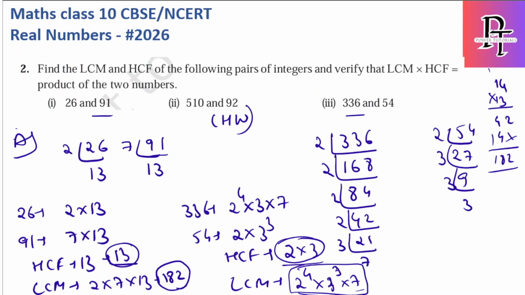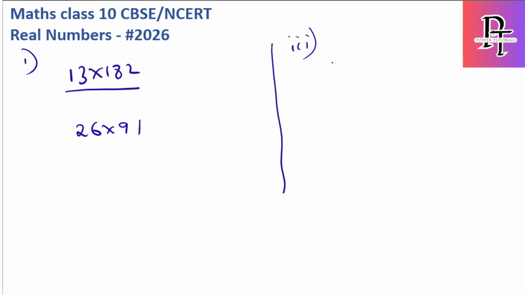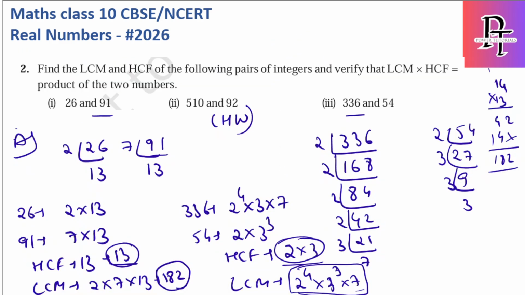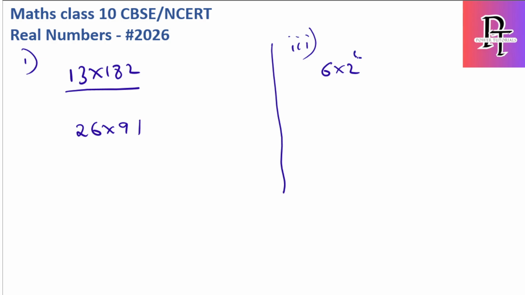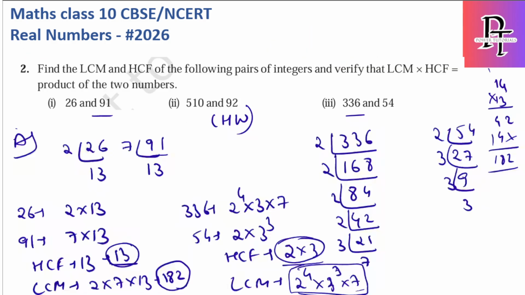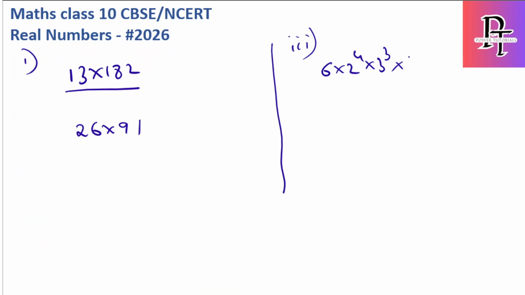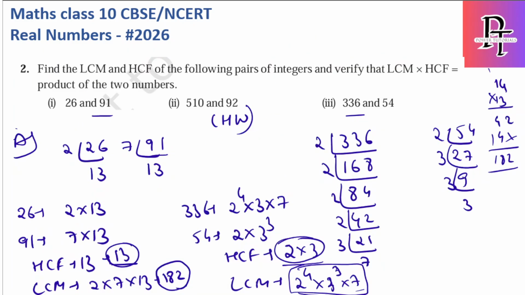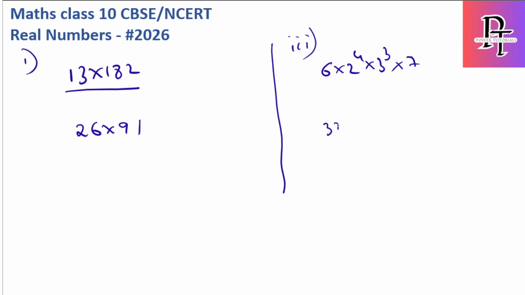So here it is 6 into 2 power 4 into 3 cube into 7. I need to prove this equal to 336 into 54. I need to solve these two and make sure that both are the same.